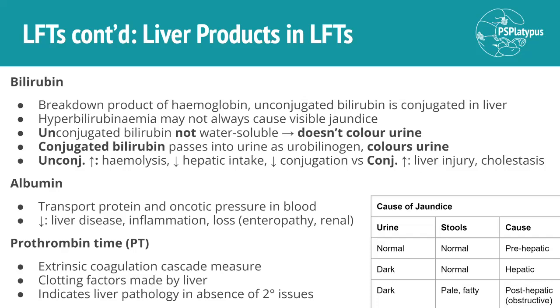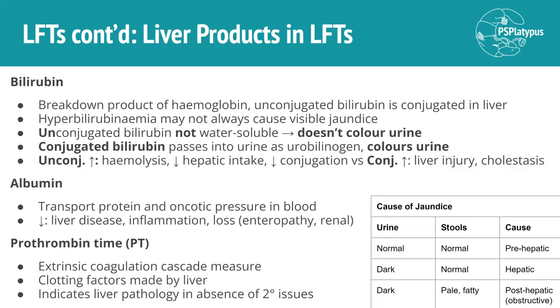Okay, so if our urine and our stools are normal, it means that we're increasing the bilirubin and the cause is prehepatic.